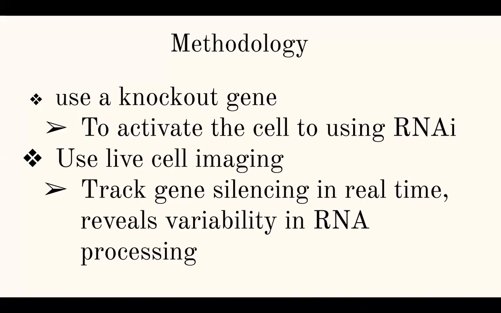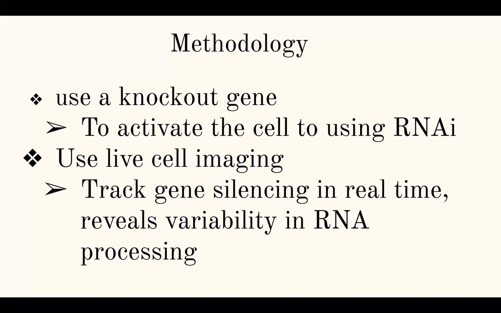So the methodology would be using a knockout gene to knock out B2 proteins, since the bluetongue virus is for mammalian cells, and by using the knockout gene, you can activate the cell to use RNAi.